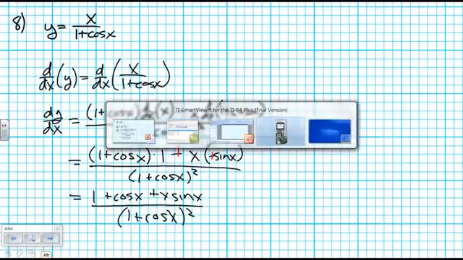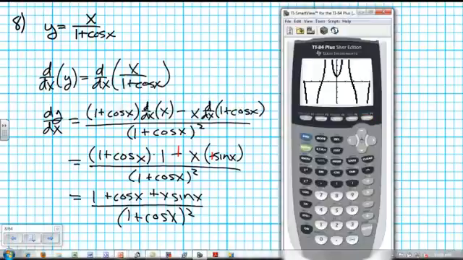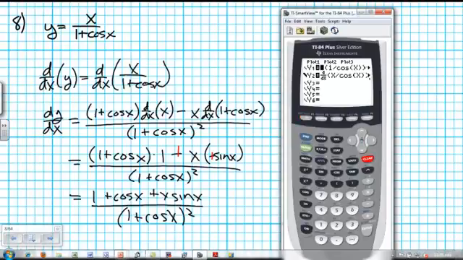So let's do that. I'm going to switch back over to here. Let's clear out the old one. We said that the answer is 1 plus cosine of x plus x sine of x, and close parenthesis there. Let me just make sure that I started with a parenthesis, I ended with a parenthesis, and let's divide that all by 1 plus cosine of x squared.